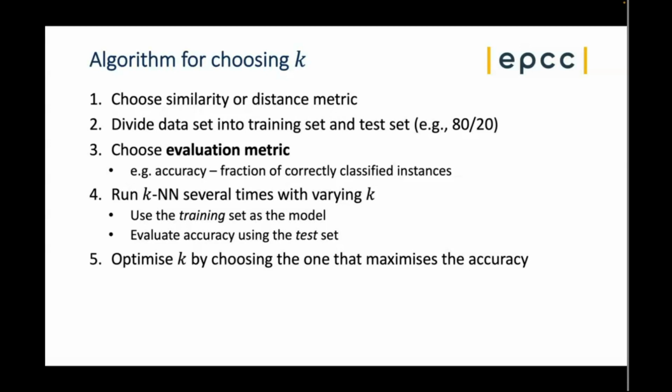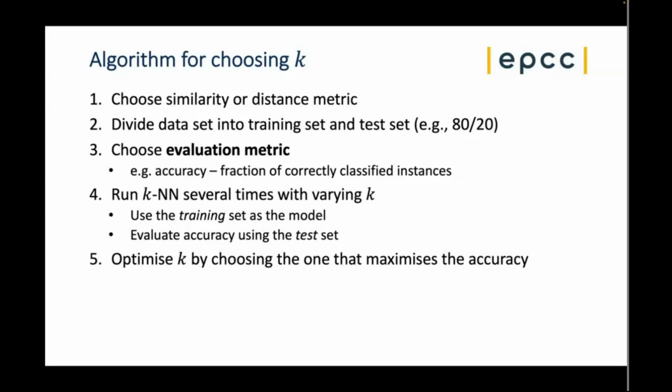So how do you choose K? Well, often this is about trial and error. Remember, we're ultimately trying to classify our data as best as possible. So what we can do is take our existing data that we already have and split it into a training set and a test set. For example, 80-20.